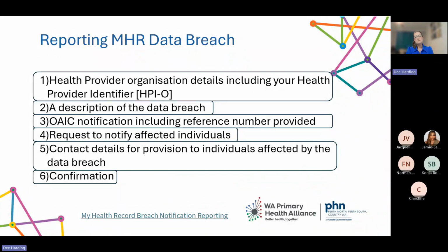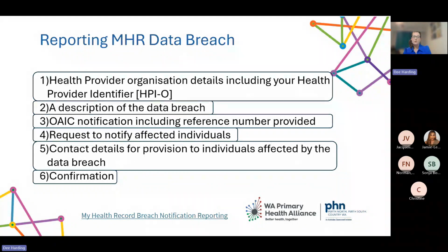There are more than 6 questions, but the essence of them is around these particular points. They want to know who you are, what your organisation is, and please provide the health provider identifier for your organisation, so it will allow you to enter that data there. Please provide a description of the data breach and all the ins and outs of how it unfolded.